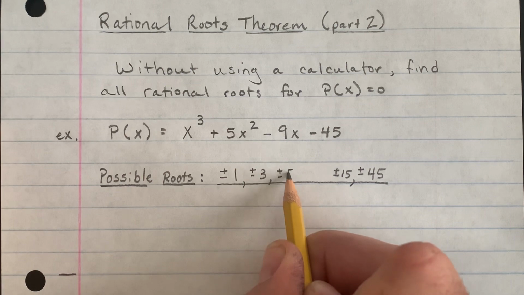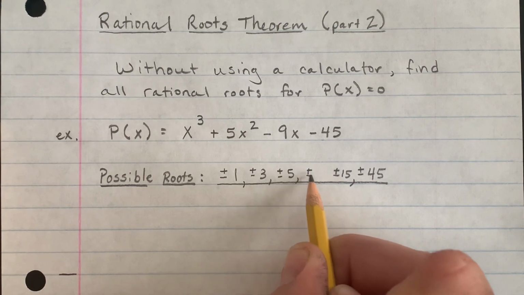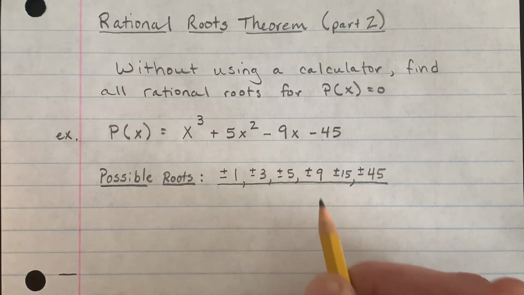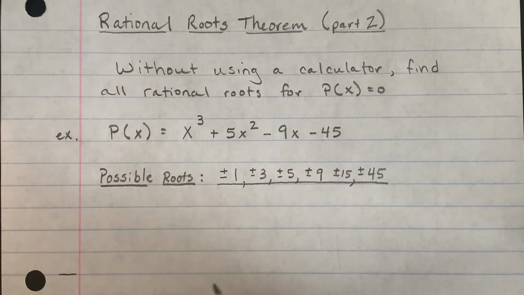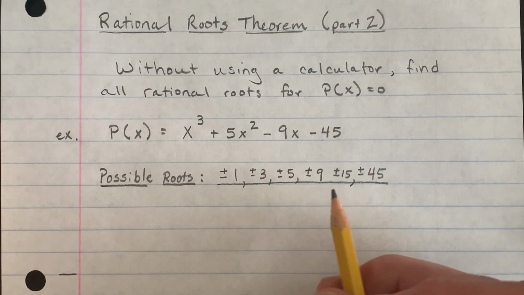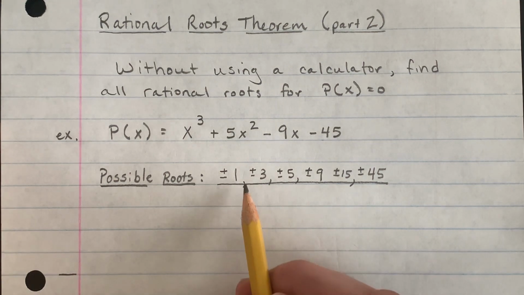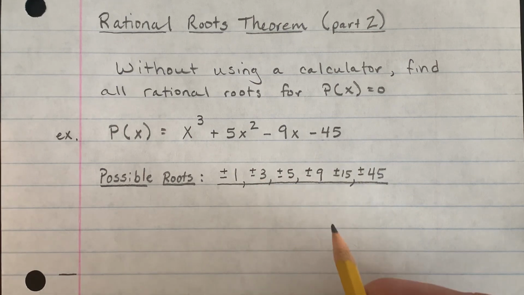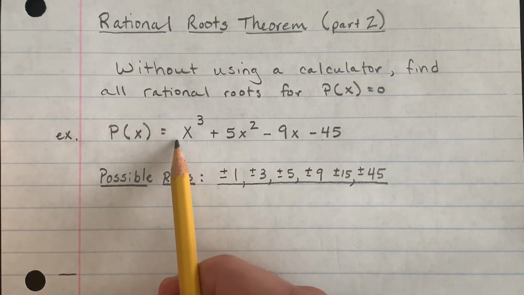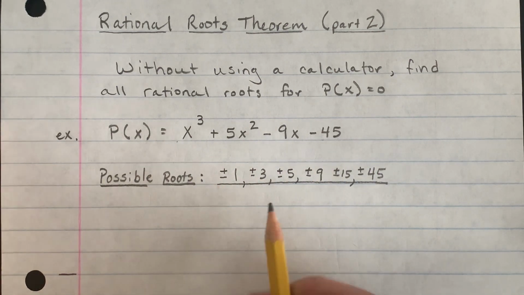You can do plus or minus 5, 5 times 9. And 6 doesn't work, you get 42 and 48. 7 doesn't work, you get 42 and 49. 8 doesn't work. So those are all of our factors for 45.